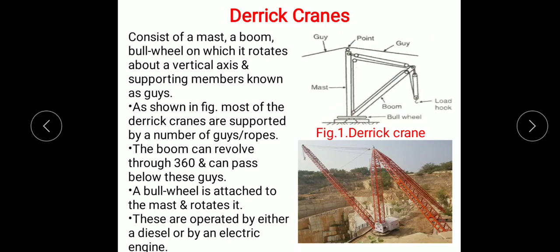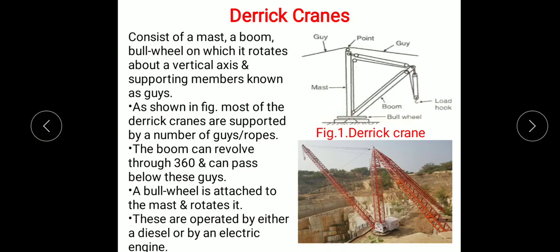A bull wheel is attached to the mast and it rotates. So generally such type of cranes are operated either by diesel engine or by an electric engine.